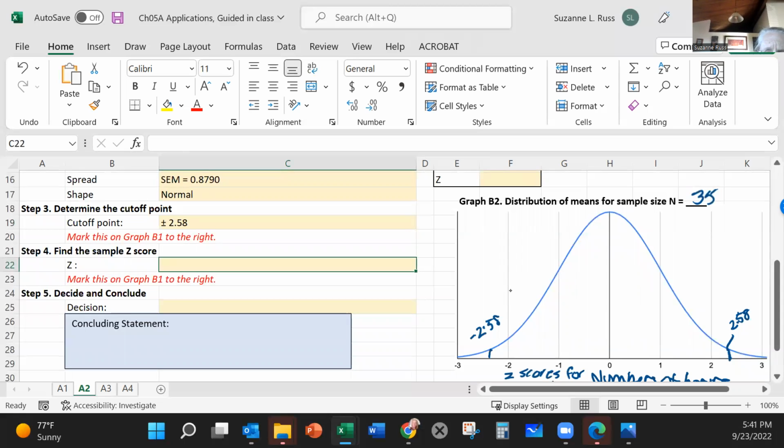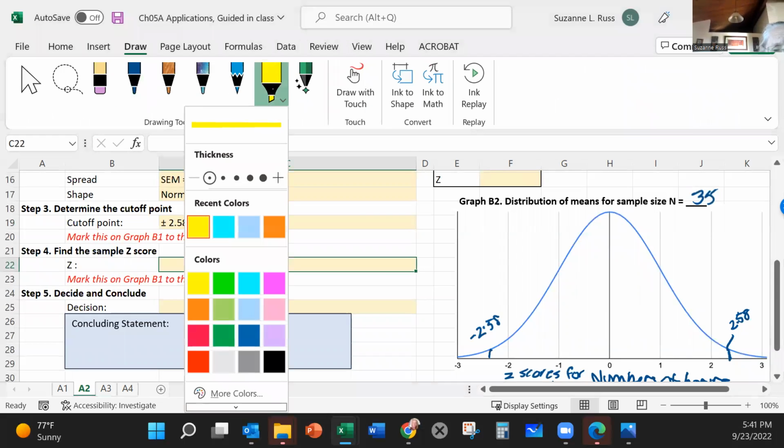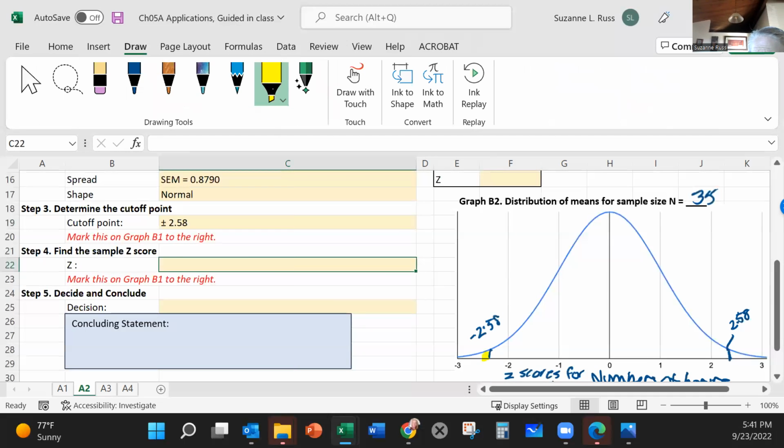And I know that the area that's our critical region is, let's make sure I have a nice fine marker here because it's so tiny, this region and this region. And we'll call this our reject region and our reject region. And in the center, we know this will be our fail region.